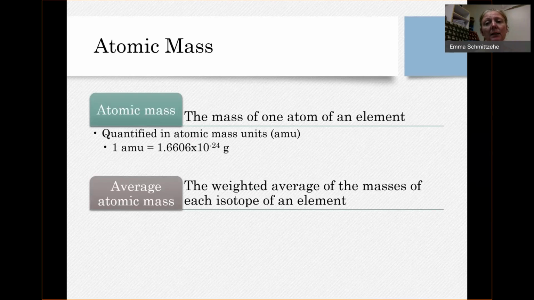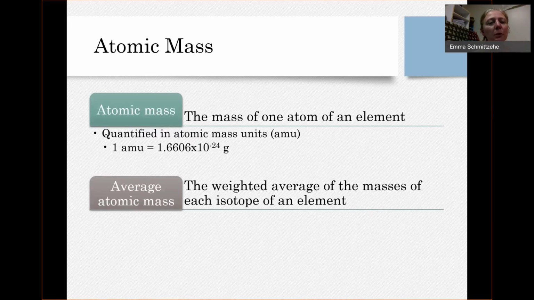And it can't simply be quantified as a typical average. So summing things together and dividing by how many. So if we have two different isotopes, we can't just take the mass of one isotope plus the mass of the other and divide by 2. That would only be true if it's in a 50-50 ratio. Okay.